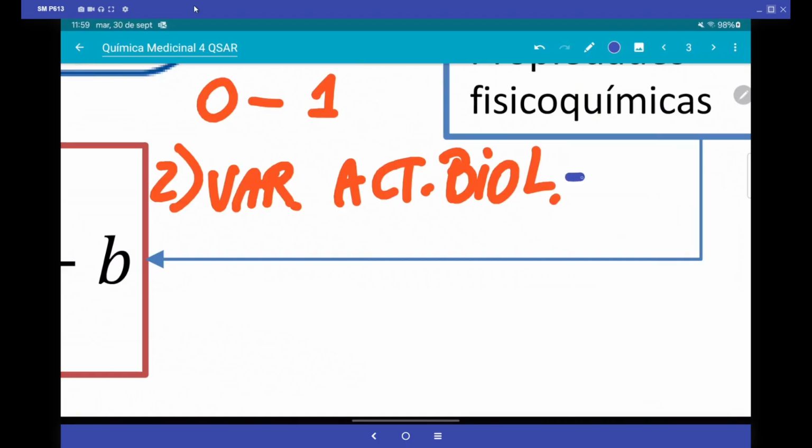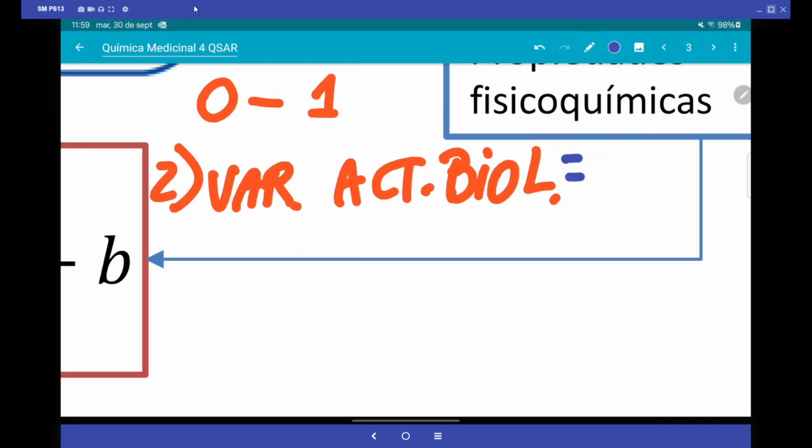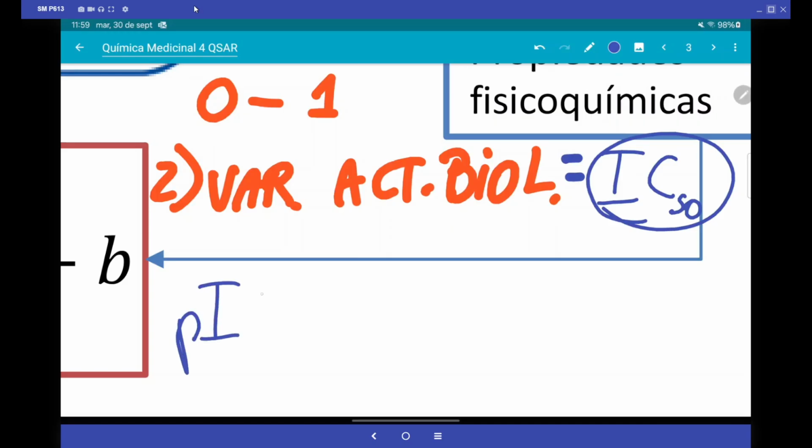Biological activity, when one measures it, almost always gives a value of IC50. Remember that the value of IC50, if we express it logarithmically, would be called pIC50. And at some point we calculated that; we are going to return to this.